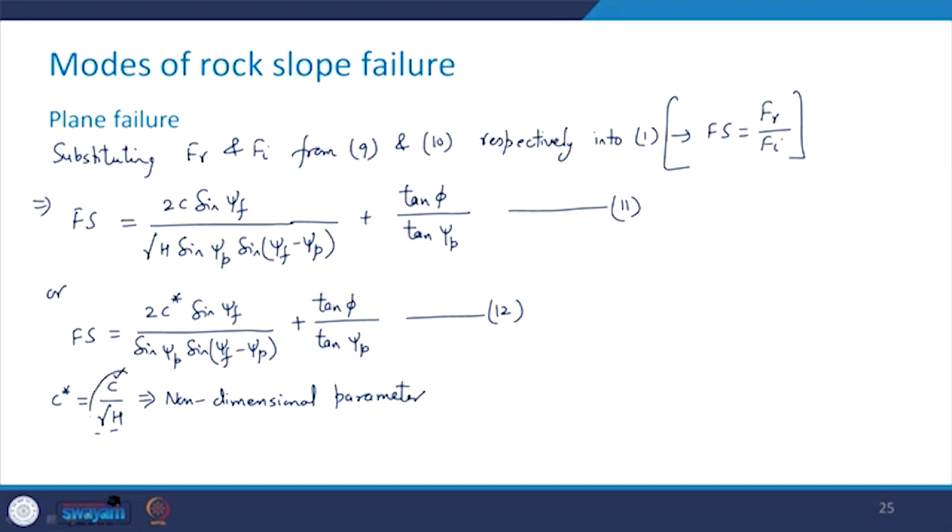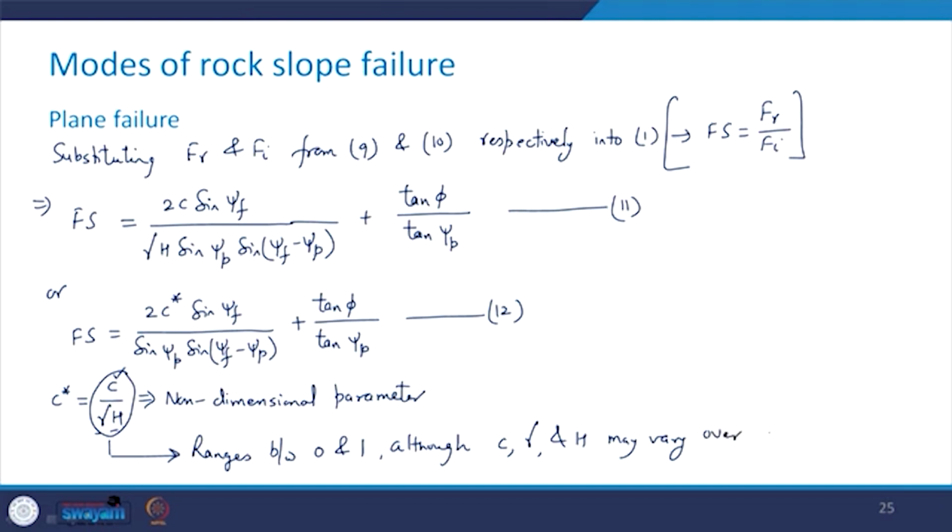So, this whole quantity will become a non-dimensional parameter, and this quantity ranges between 0 and 1, although all these three parameters, that is c, gamma and h, may vary over wide range.